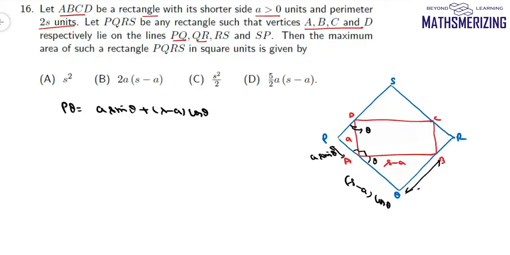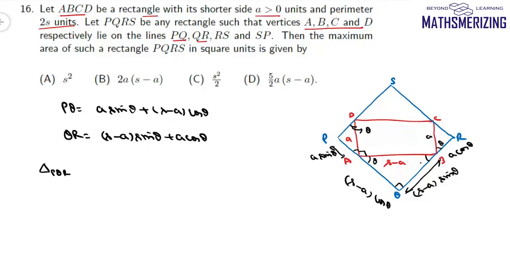Now for this one, this length is s minus a sin theta. Now this is 90 minus theta. This is 90. So this angle will be theta. This is a and here will be a cos theta. So here QR will be s minus a sin theta plus a cos theta.